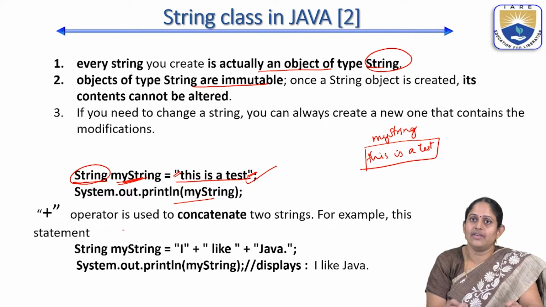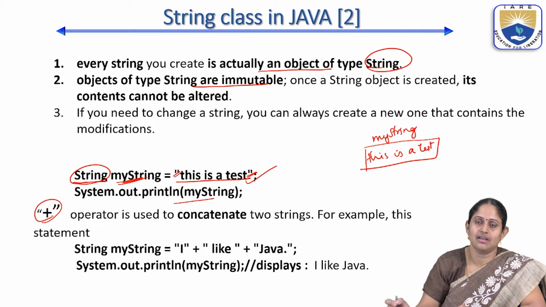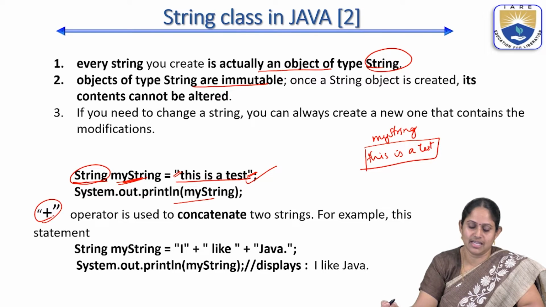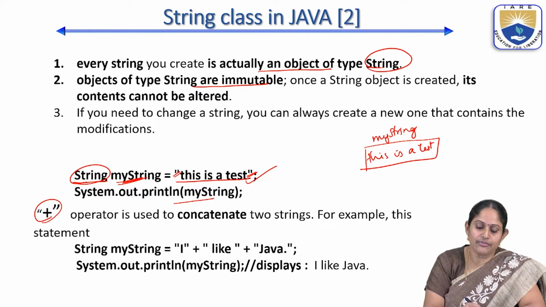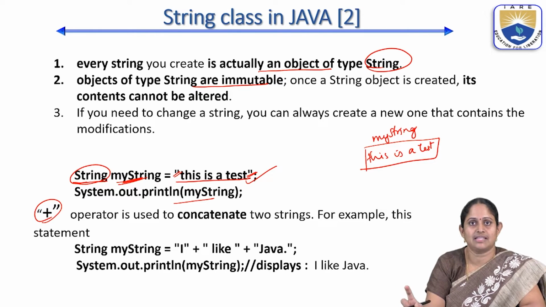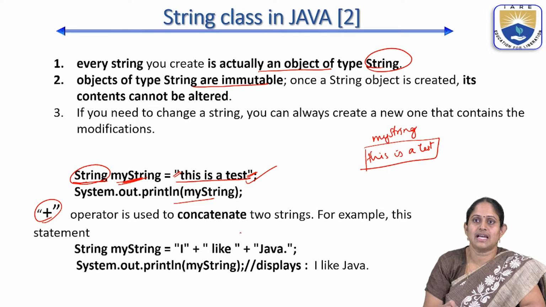Now we can concatenate two strings by using the plus operator. This operator is overloaded here by the JDK itself. If the plus operator is used between integers, it acts as an addition operator. When it is used among strings, it acts as a concatenation operator.